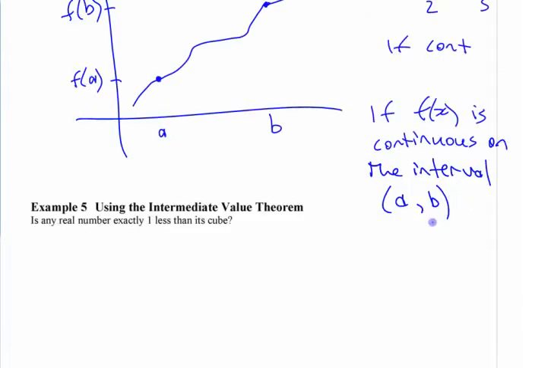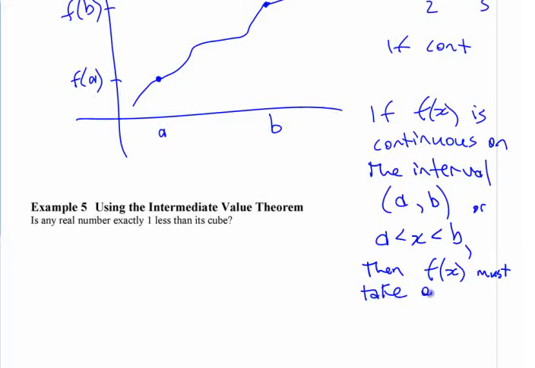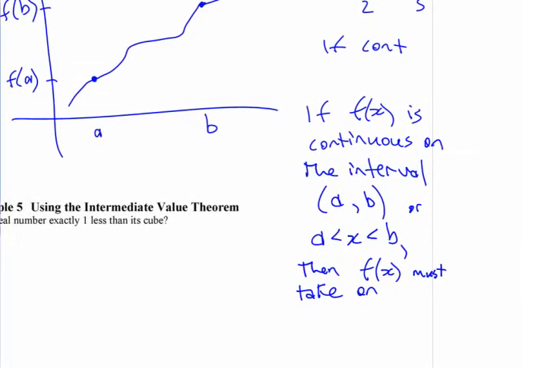If you don't like that, then you can put in something instead, x less than b and greater than a, okay? Whichever way you prefer to write that interval. Then f of x must take on every y value in between there, right?